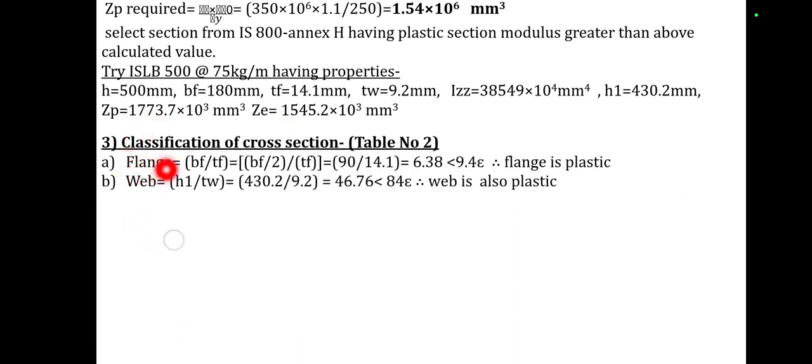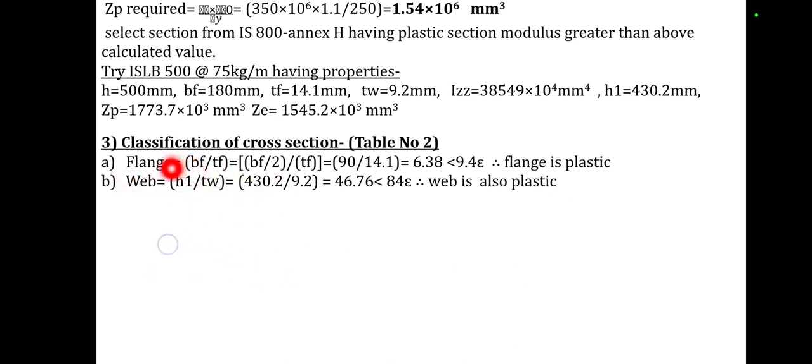The next step is to classify the cross section. According to table number 2 of IS 800-2007, we classify the section. Flange classification: Bf upon Tf. In the case of I section, the Bf is taken as Bf by 2, divided by the thickness of the flange, and it is less than 9.4 epsilon. Therefore, the flange is plastic. Then the web criteria, H1 upon Tw.